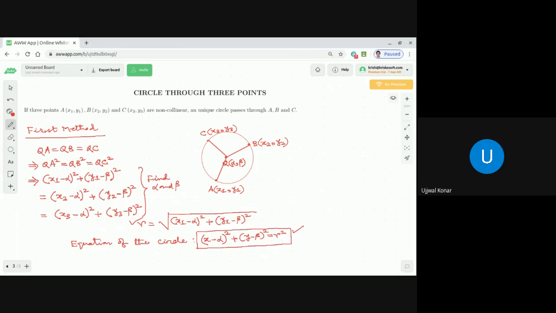Now the second method. In the first method we made use of the circumradius, and there is a circumcircle. So if I construct the circumcircle, maybe you'll be able to get it. Something like this.